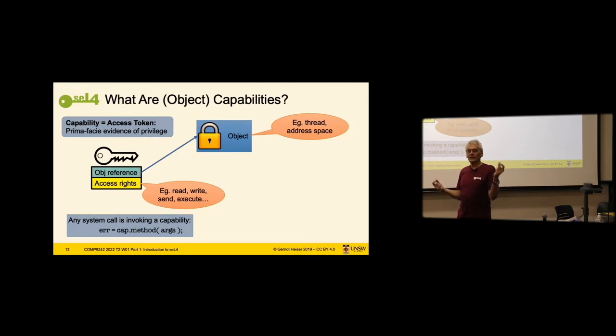Then it hands you this index into the file descriptor table as the file descriptor. It's called a file descriptor in Linux, but it's actually a file descriptor index because it indexes into the file descriptor table. And it's exactly a capability in that sense. It points to kernel-internal data structures that contain those two things: the object reference, which is the pointer to the inode, and the access rights.